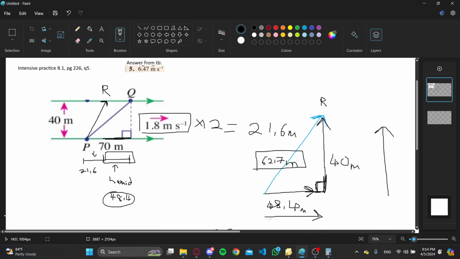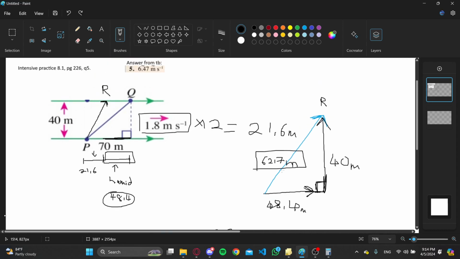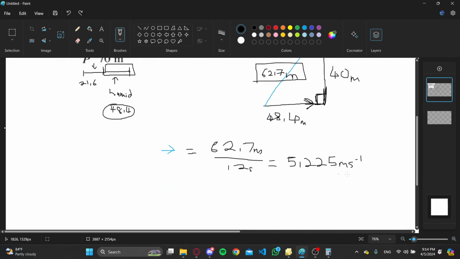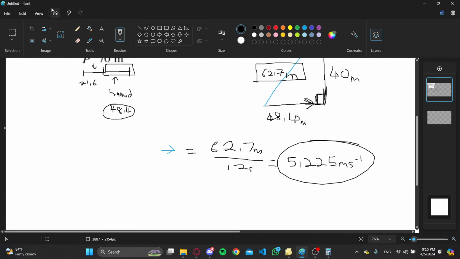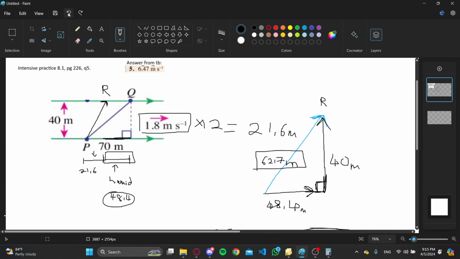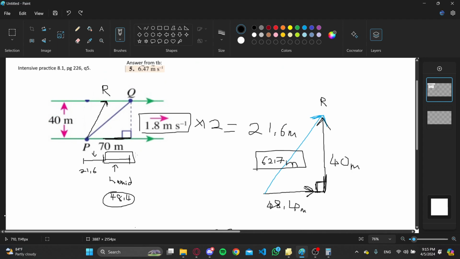When you do that in one swift motion, it becomes this vector, which is the blue one over here, and that's just 62.7 meters. So that's the distance that Hamid's boat traveled, and he did that in 12 seconds, so his speed is this. Quite different, eh? Let me convince you that this is the true answer.